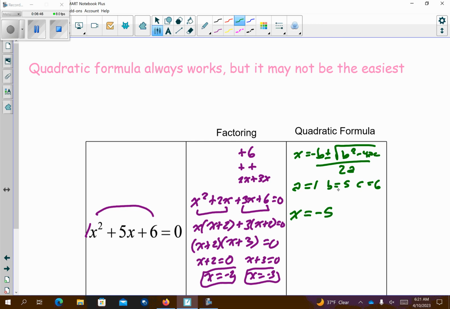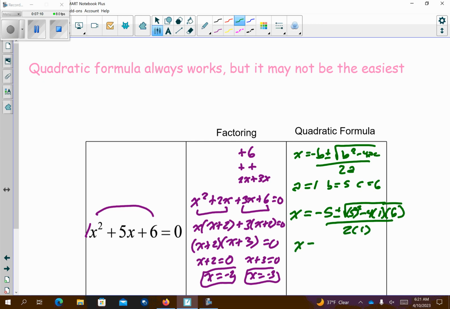If this was a negative 5, then it becomes positive because negative, negative. Plus or minus square root b squared, which is 5 squared, so put that in parentheses. That's a 5. And let's clean that up a little bit. Minus 4 times a times c, all divided by 2 times a.